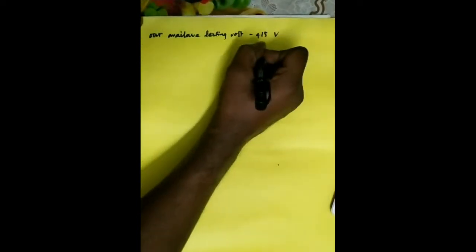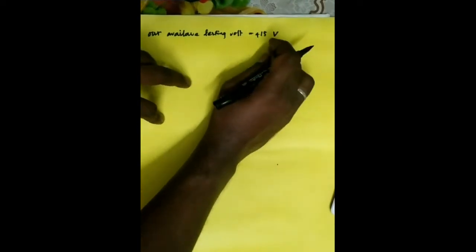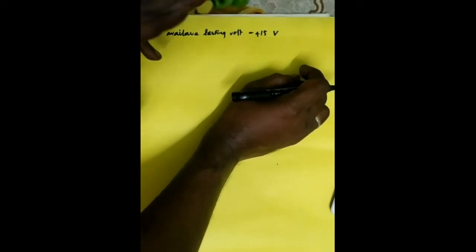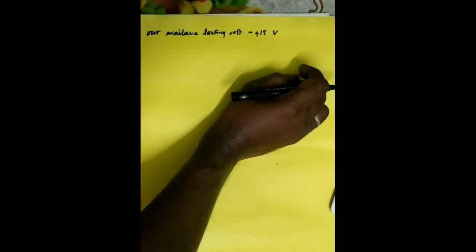So we are going to apply 415 voltages in primary of the transformer, and we are going to short the secondary of the transformer. Before that, if we apply 415 voltages, we have to know how much current will flow in primary and secondary of the transformer. How to find it?